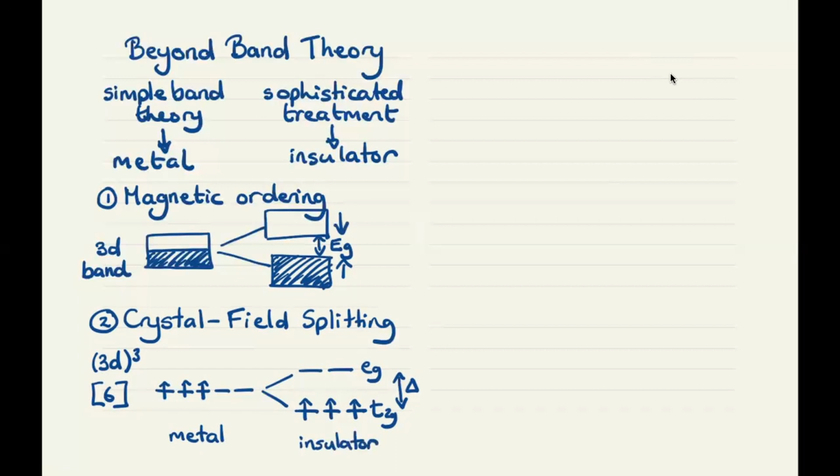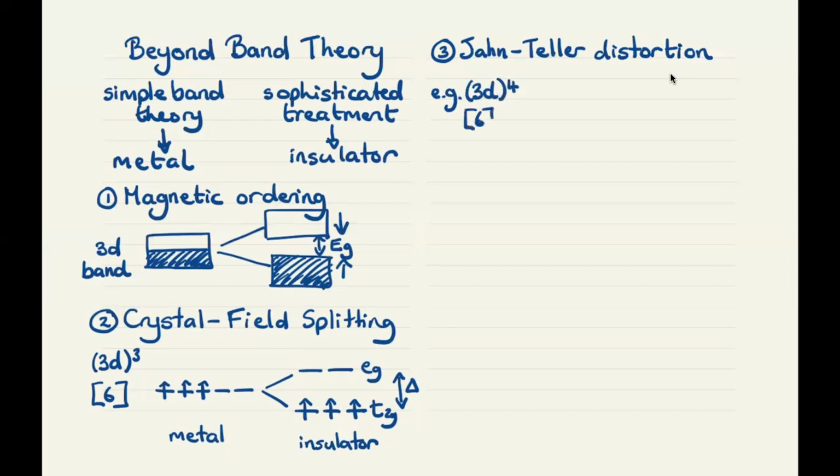Let's remind ourselves of a couple more examples. The third one would be the Jahn-Teller distortion. And this is an example where we have to take into account coupling between the electronic structure and the lattice to correctly get an insulator in the situation where trivial band theory would give us a metal. And here an example would be a transition metal compound with 4 3D electrons in an octahedral crystal field.